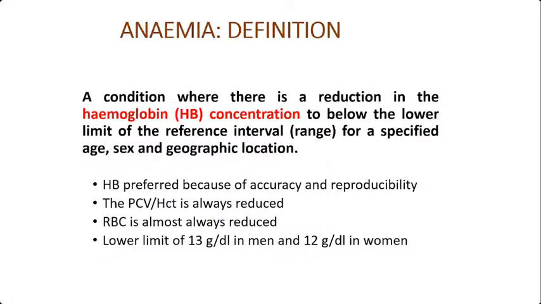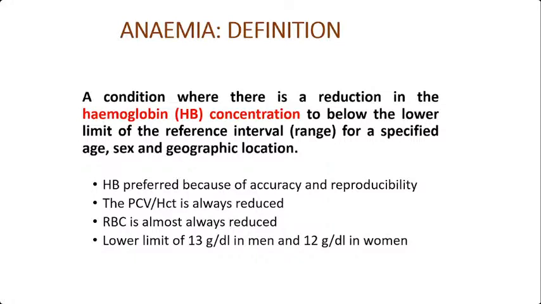So sex, again, we know for males and for females, it is different. Geographic location, because we know when you're in a higher altitude as compared to at a lower altitude, the hemoglobin level will vary. And hemoglobin, I said, is preferred because of accuracy and reproducibility, okay? So that's why we prefer using hemoglobin concentration.